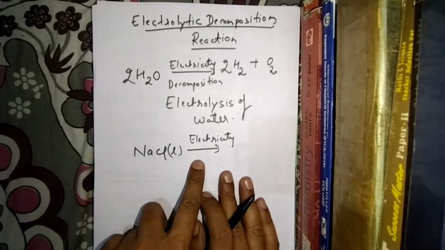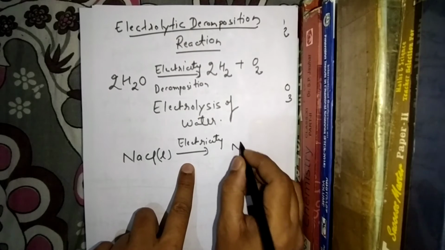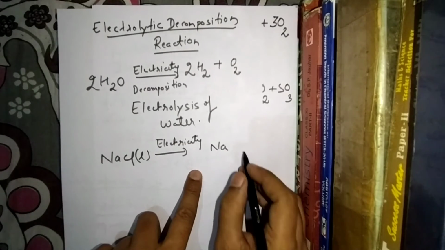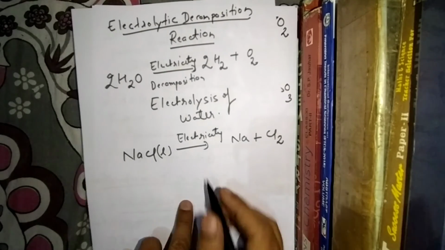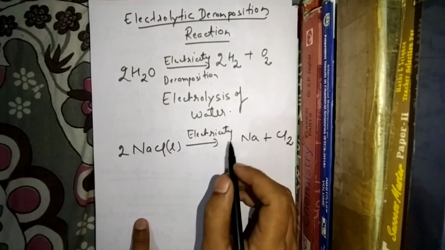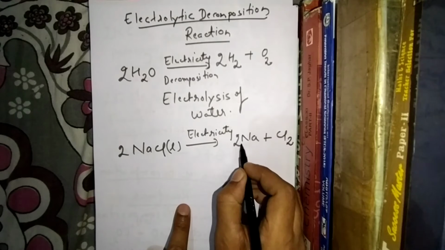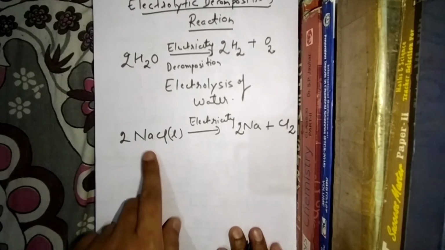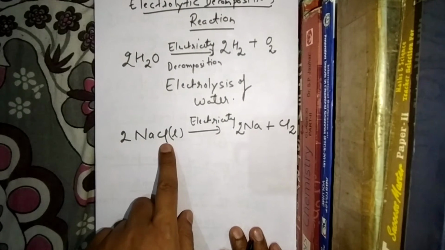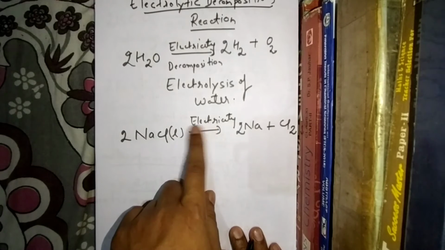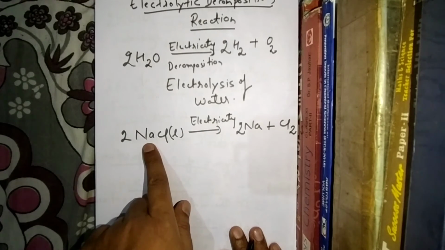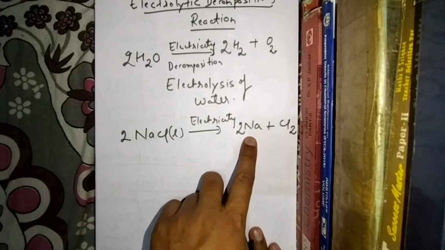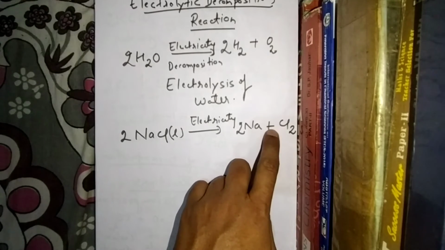It will decompose into sodium metal plus chlorine gas. So this is your sodium chloride. When electricity is passed into molten sodium chloride, it decomposes into sodium metal and chlorine gas.